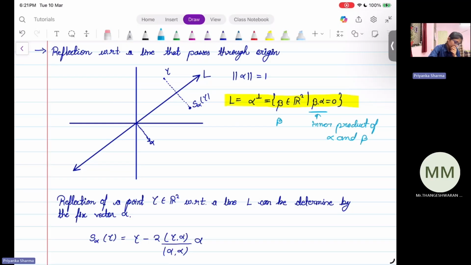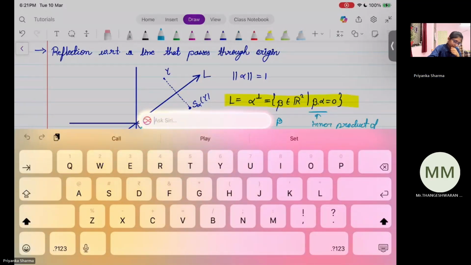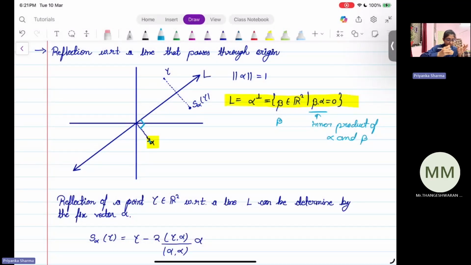So here what we are doing, we are fixing some element alpha. Actually, the line is passing through the origin. So what we can do, we can pick a point which has unit distance from the line, and this is making an angle 90° to the line.